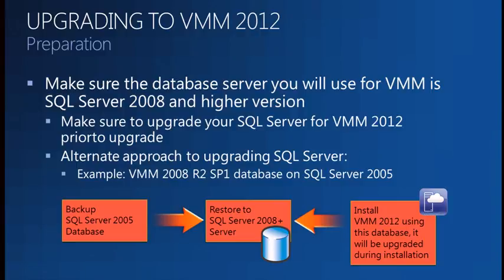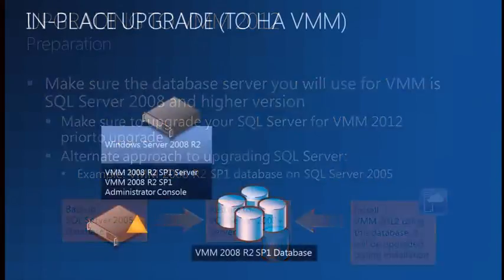During installation, VMM 2012 will automatically upgrade the database to be able to work with VMM 2012. SQL Server Express is not supported anymore, so you will have to create a new SQL Server 2008 or above.